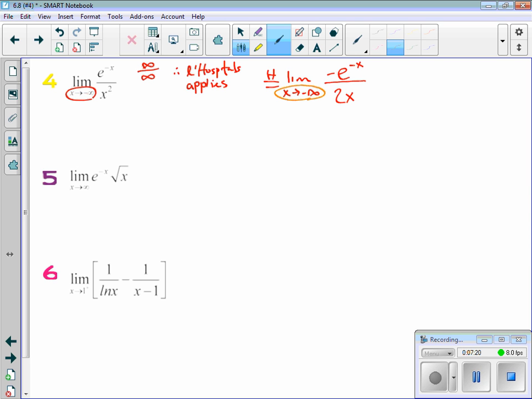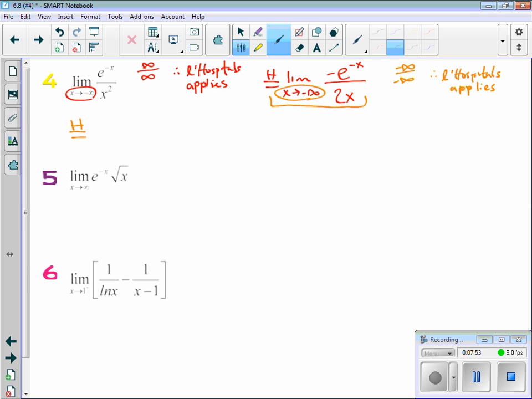So if I put negative infinity in, what do I have in the numerator? Negative infinity on top. Check the denominator, it's negative infinity, so therefore we can apply L'Hopital's again. Because this one wasn't linear in the denominator, so it didn't just turn into a number down there. So now we just apply it to what we had over here.